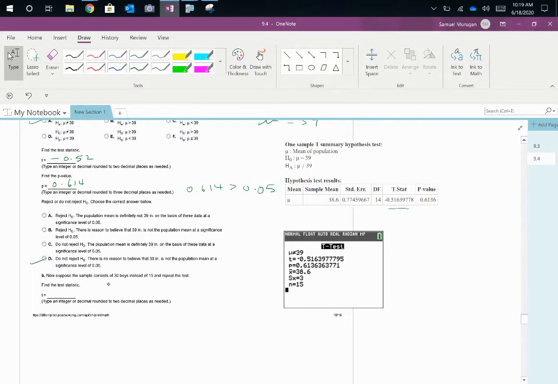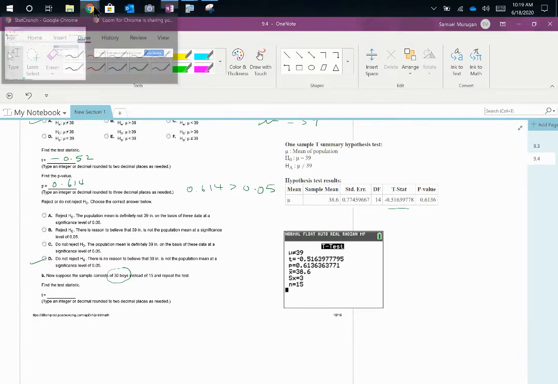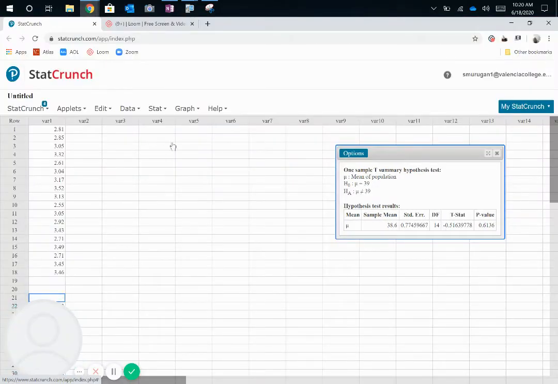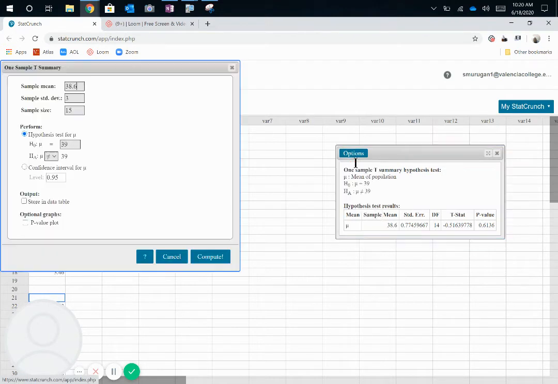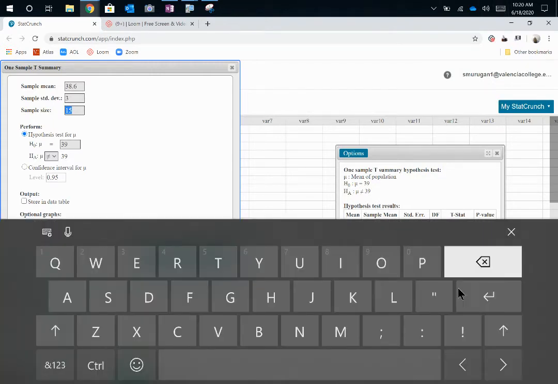Now, they're asking us to change, for part B, the sample to 30 boys instead of 15. So we're going to go back to our 2 data sets and just edit. We're not going to fix a whole lot of stuff here. Options, edit, and the only thing we're changing is the sample size to 30.